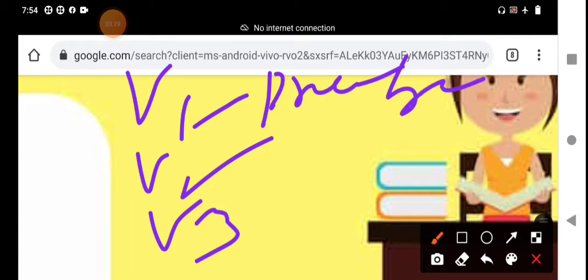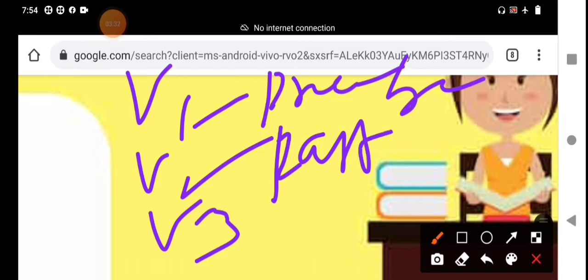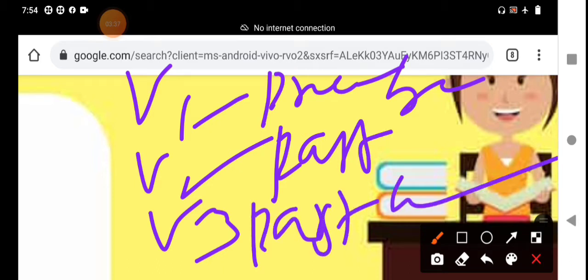This is the infinitive or predicate. V2 is the past form. V3 is the past participle form. And the other form of the verb is the ing form.